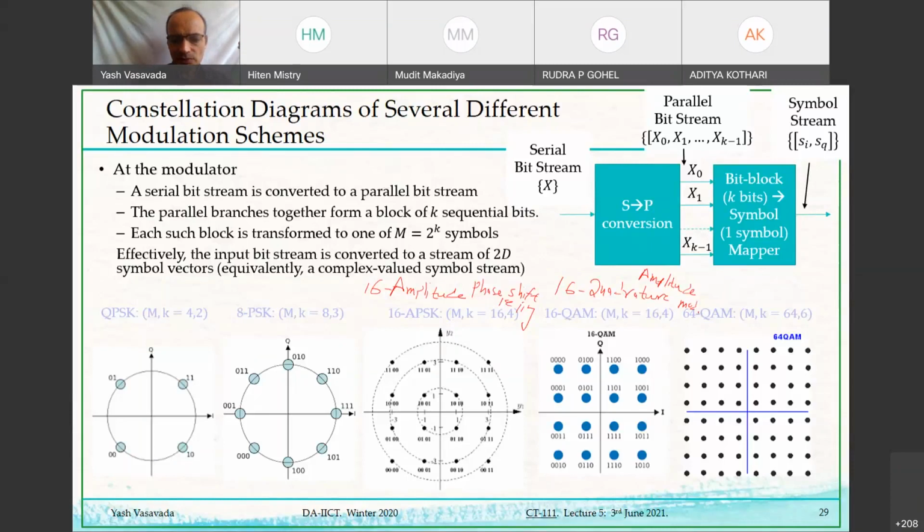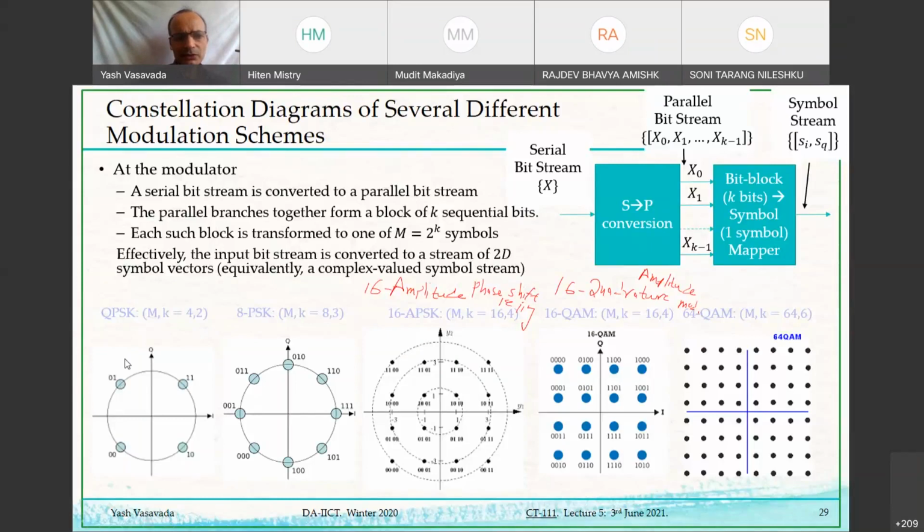Distance from origin. We take distance from origin and average it for all symbols. Yeah, square of distance from origin. It is the square of the distance. If you just take the distance, you get square root of the energy per symbol. So you take the square of the distance, and then that will give you the energy per symbol.